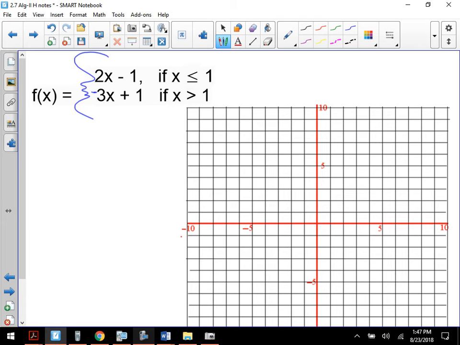Normally, yes, you're going to have one or the other. It is possible to have them both greater than or one less than. It could be less than 1 or greater than 1, which means it's never equal to 1.